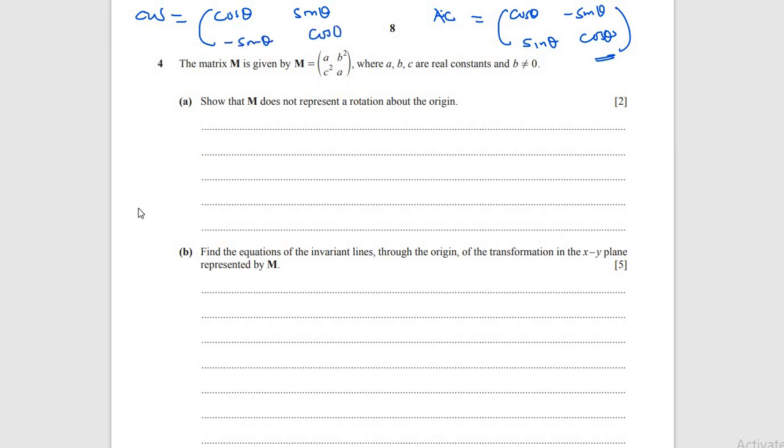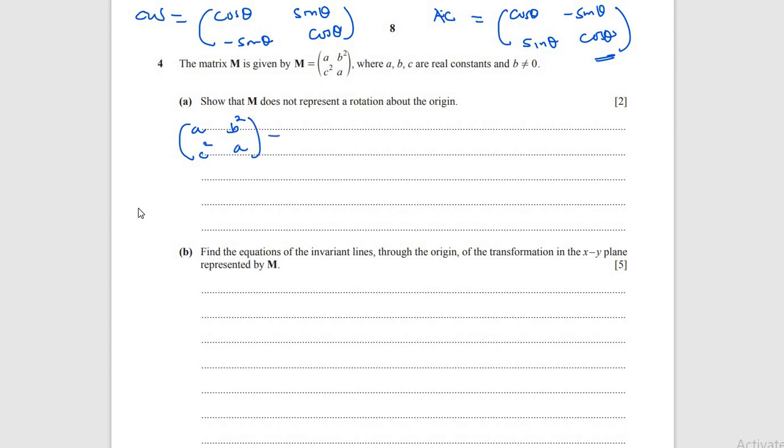Now, the question asks us to show that M does not represent rotation about the origin. Equate the matrix to either one, because the question did not specify whether clockwise or anti-clockwise. Either way, you're going to get the same thing.